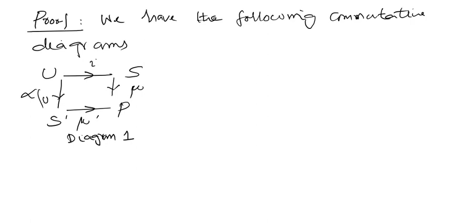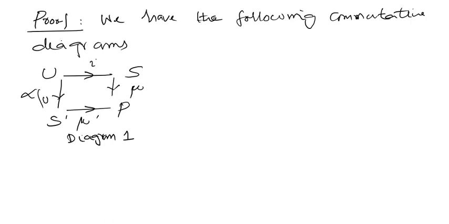And the second commutative diagram: first U to S, obviously the inclusion map here, but I think we don't need this. We need the following diagram actually, the one you wrote in the previous theorem.